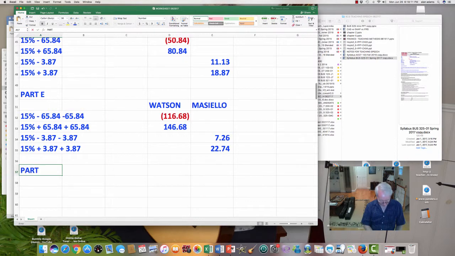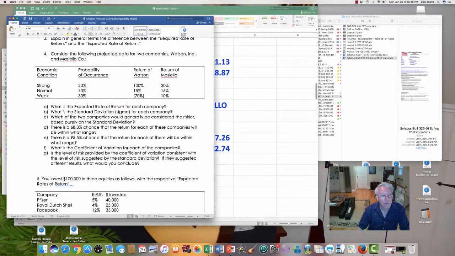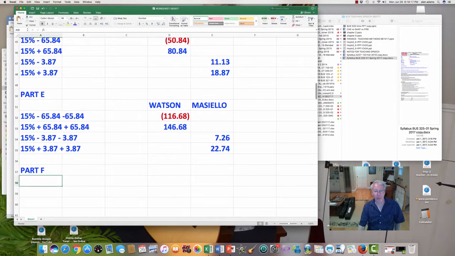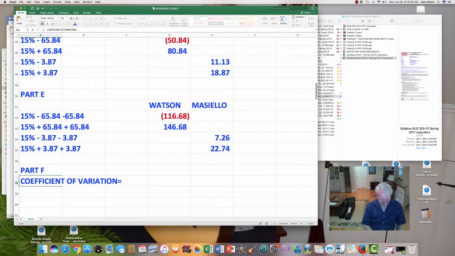All right, part F says, what is the coefficient of variation for each of the companies? The coefficient of variation is found by taking the standard deviation, or the sigma, and dividing by the expected rate of return.